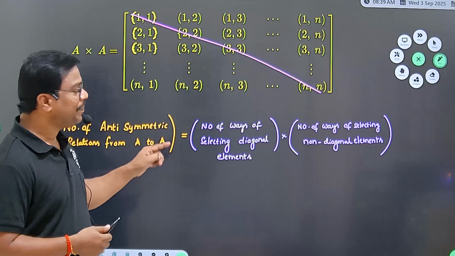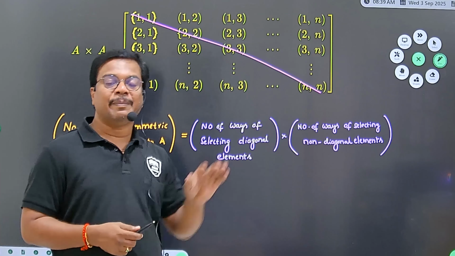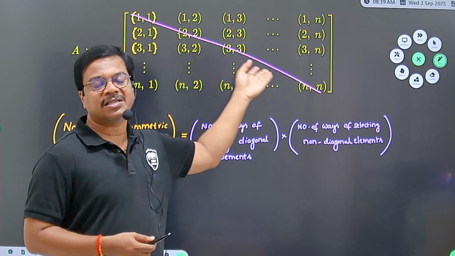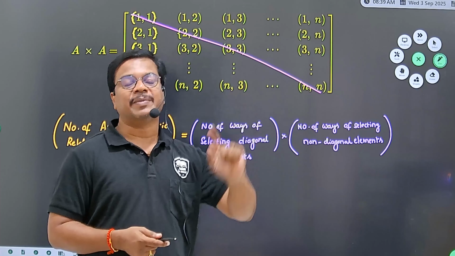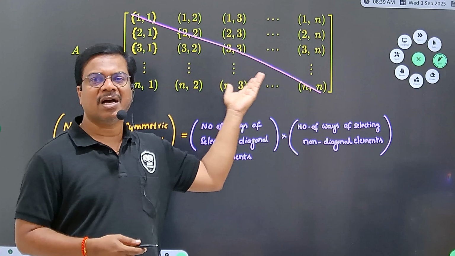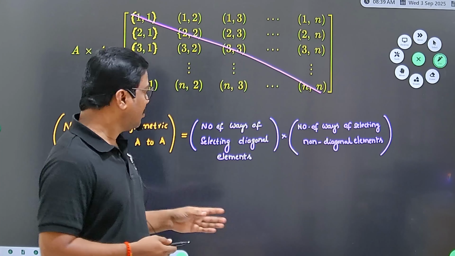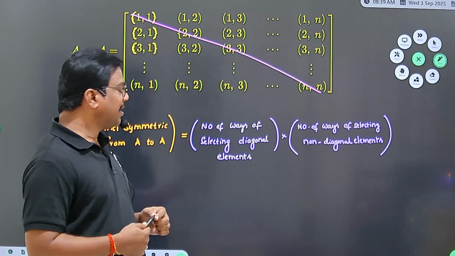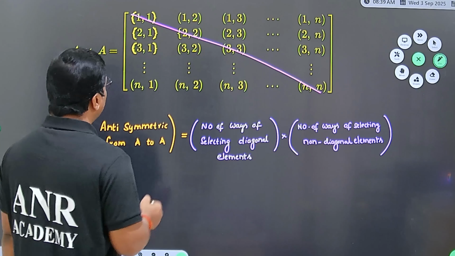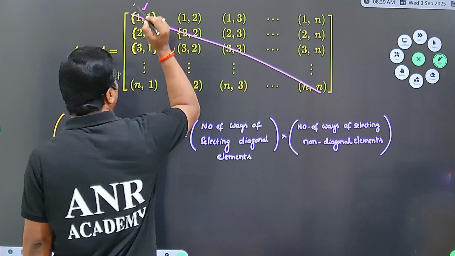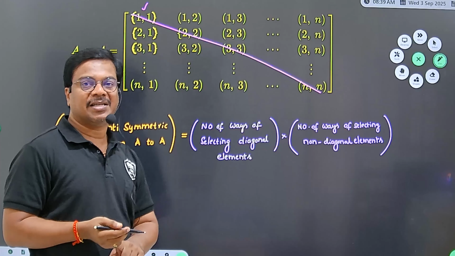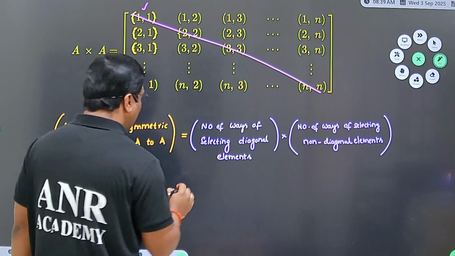Yes, let us see. By the definition, by default, you can select any one of these diagonal entries in the antisymmetric relation. You may select 1, 1, 2, 2, 3, 3 or n, n. So, the number of ways of selecting diagonal elements. Suppose I select 1, 1, you may select or you may not select. How many chances are there? 2 chances.